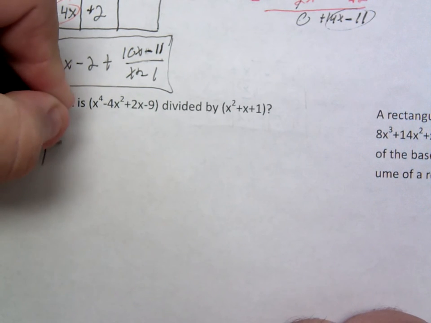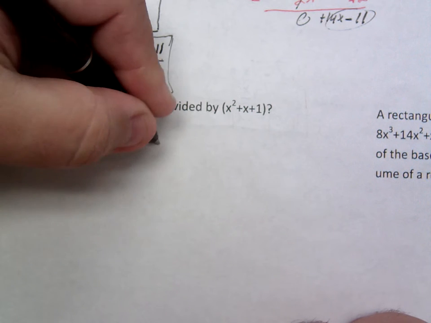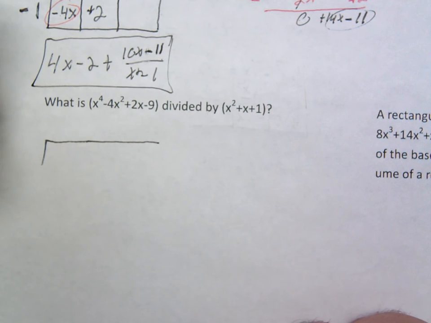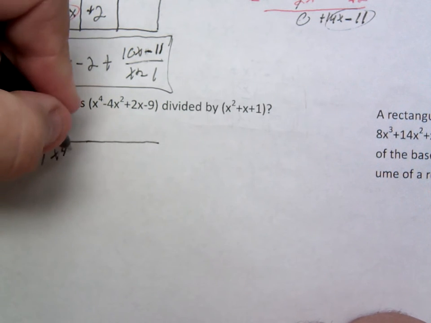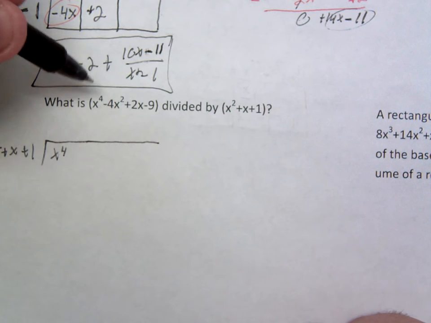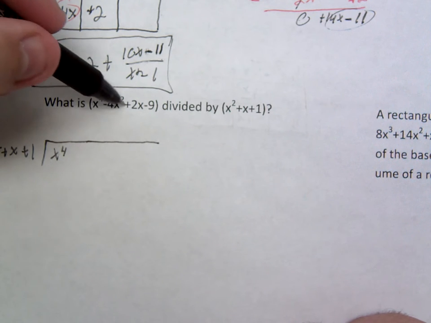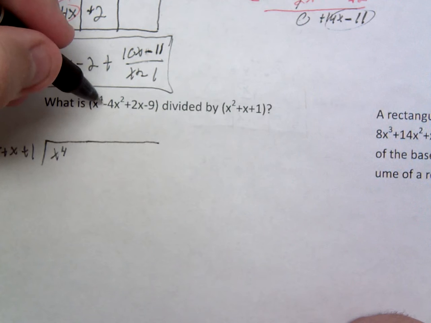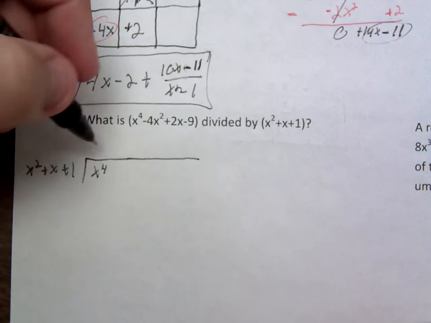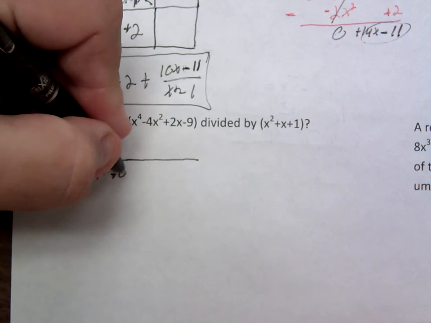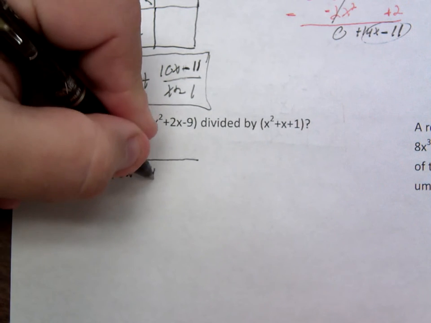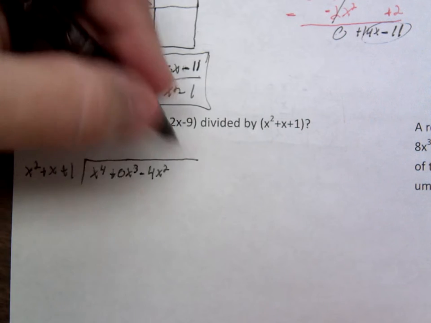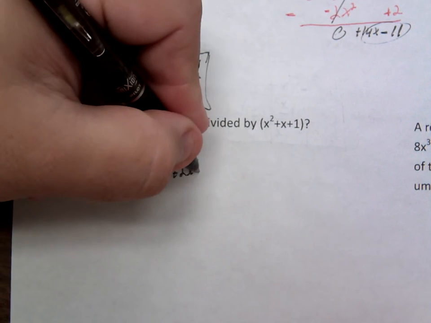Okay, and let's go a little bit faster. So we have x squared plus x plus 1, and then this all goes on the inside, x to the 4th. I'm actually going to write in all of my missing terms here. So there's an x cubed term we don't have, if you see that. So I'm going to put in plus 0x cubed, the minus 4x squared, and then plus 2x, and then minus 9.